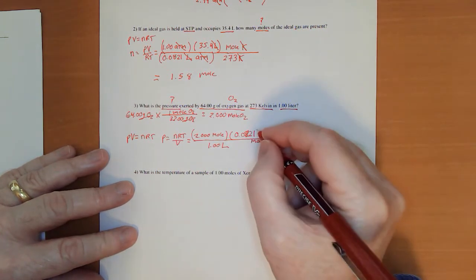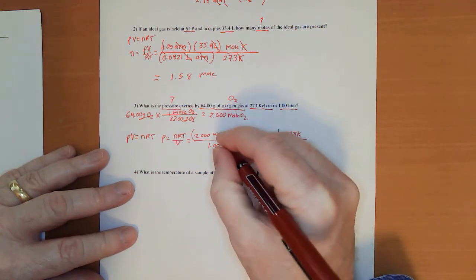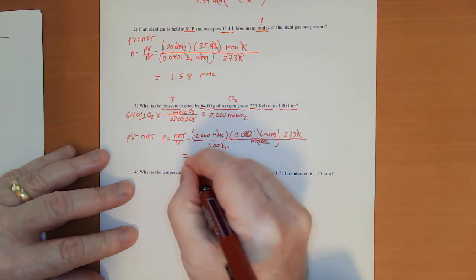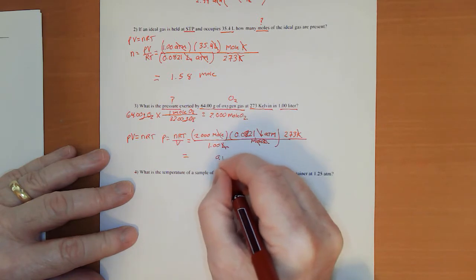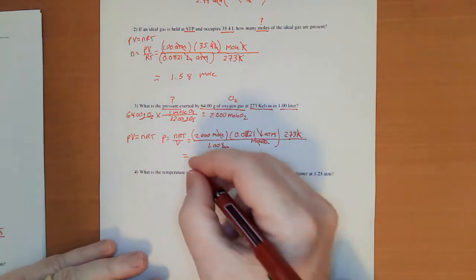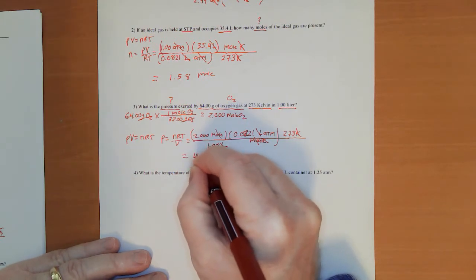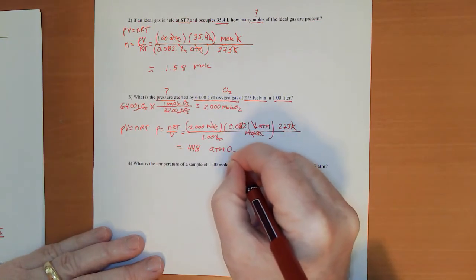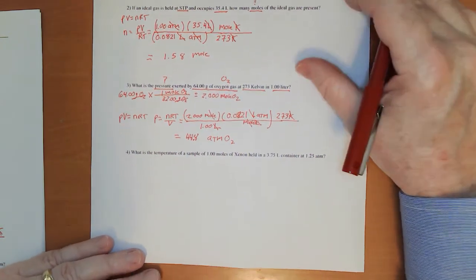Look for some stuff to cancel. Liters, moles, and Kelvin, which is going to leave me in atmospheres, which is one fine unit for pressure. Rounded off to the 3 sig figs, 44.8 atmospheres. And it was identified as O2 gas.